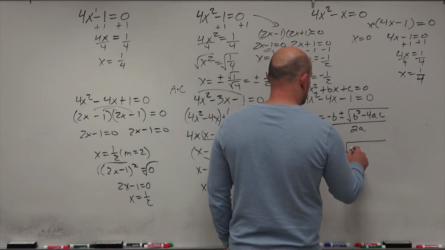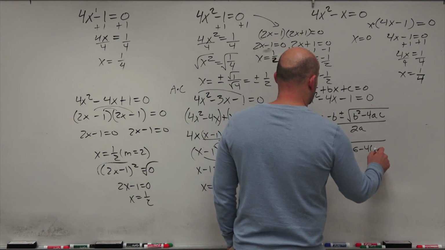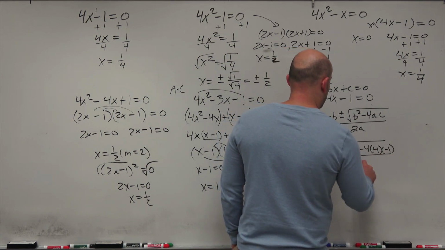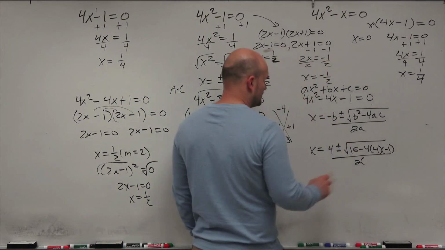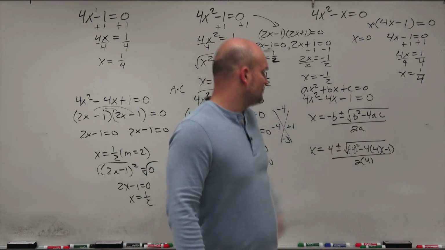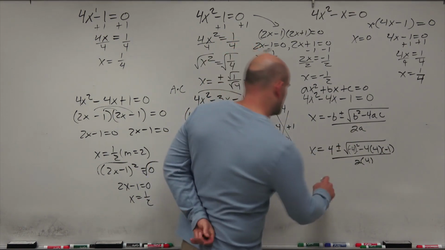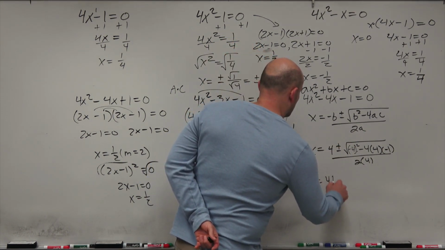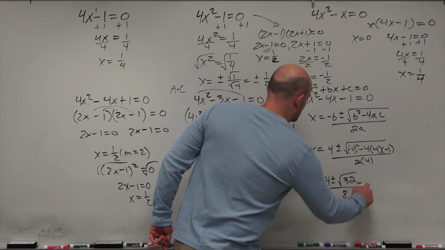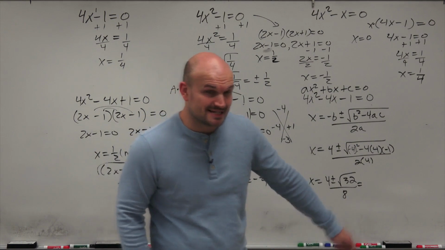the square root of 16 minus 4 times negative 1 times, let's see, 4 times 4 is 16, all over 2 times a, which is 4. So that becomes a 16, and that becomes a 32. So x equals 4 plus or minus the square root of a positive 32 divided by 8. So now we can just leave our answer like that.